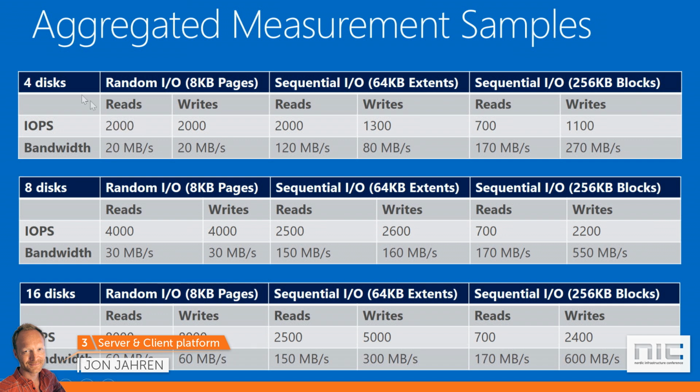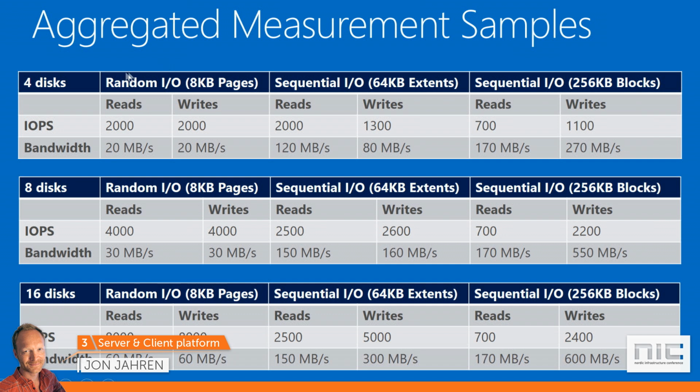So typically when you have 4 disks, you go from 4 or 5 megabytes a second to 20 for random IO. You will quickly scale your sequential IO and so forth, but be aware that sequential IO for reads will never move much past 150 megabytes per second. So as we go from 4 to 8 to 16 disks, it will typically stop at this limit, but your writes will scale more linearly.